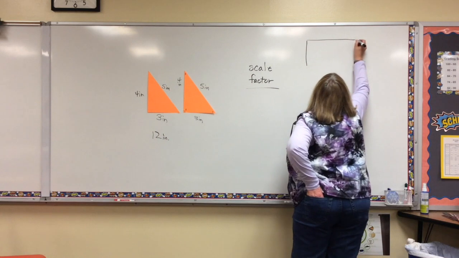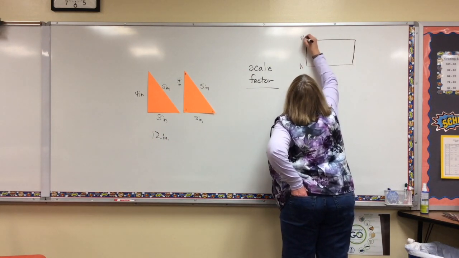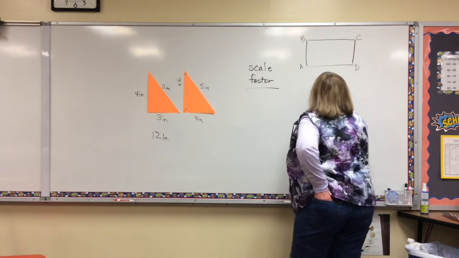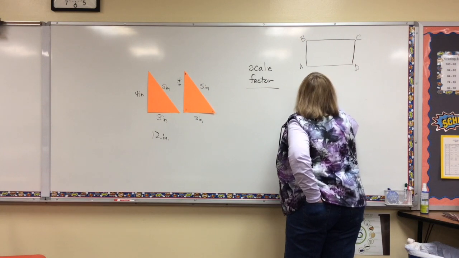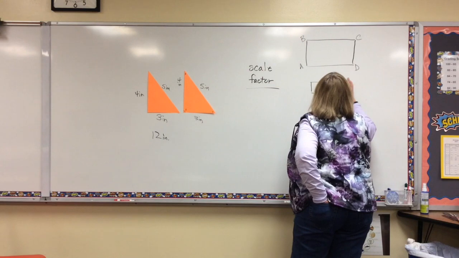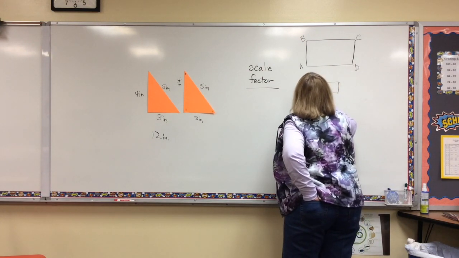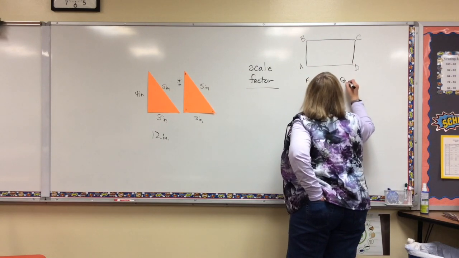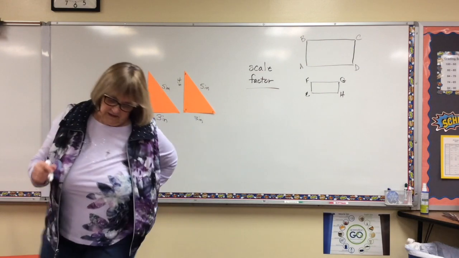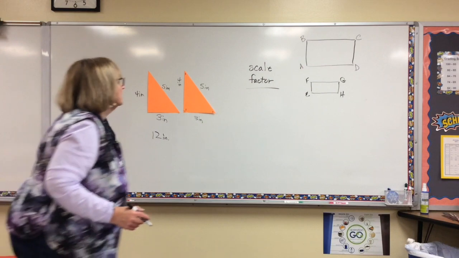This is rectangle A, B, C, D. Then we have a similar rectangle, which I believe is E, F, G, and H. Now look at the sides. 4 and 2, 2 and 1.